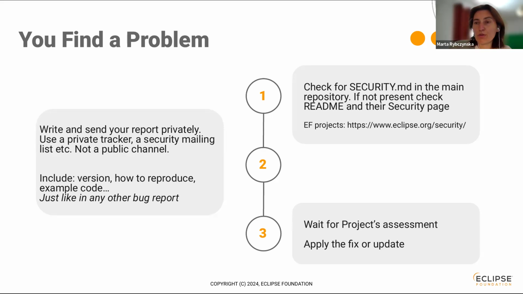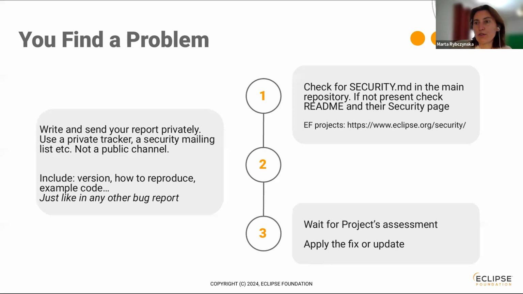So we report to the project privately, we give them a little bit of time to fix, and then everything goes public as in the typical open source way. So please do not report security issues on IRC, public mailing lists, or public issues. Find a confidential way for that particular project.